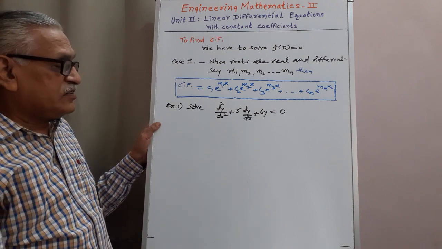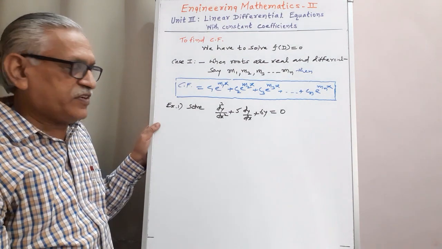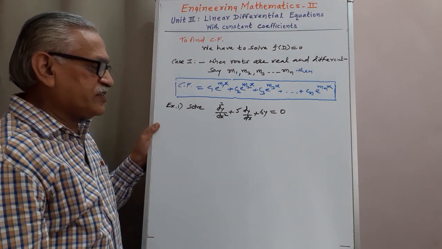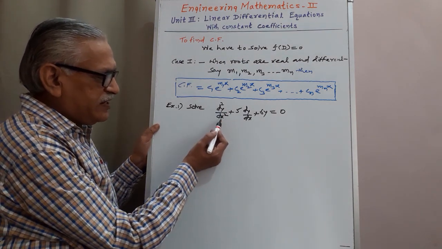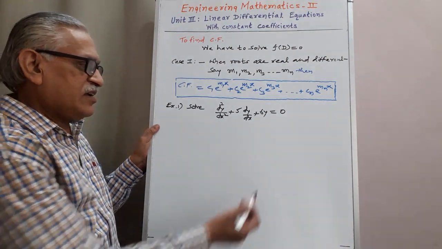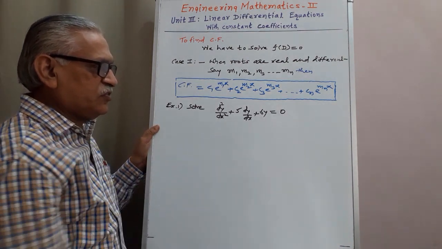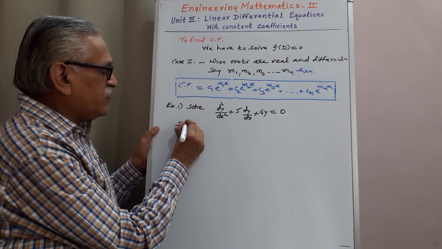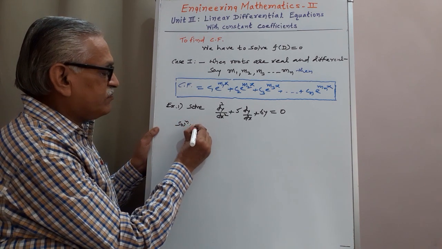Here we have a second order linear differential equation of first degree with y as the dependent and x as the independent variable. The right hand side of that equation is 0. Therefore, the first step is we convert it in symbolic form.